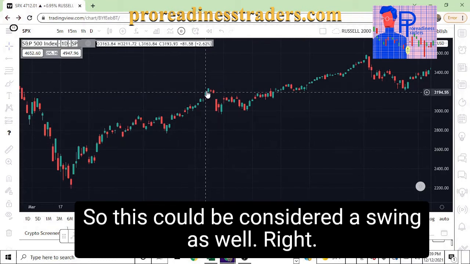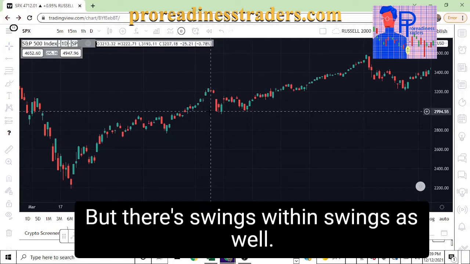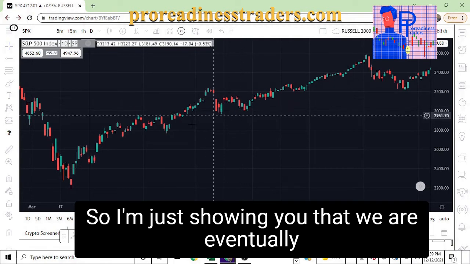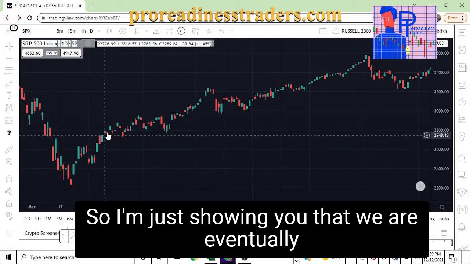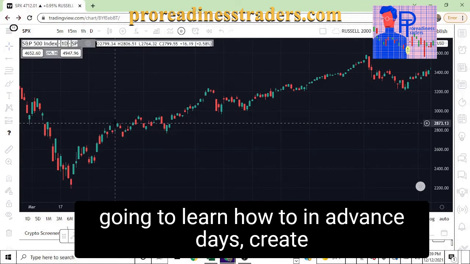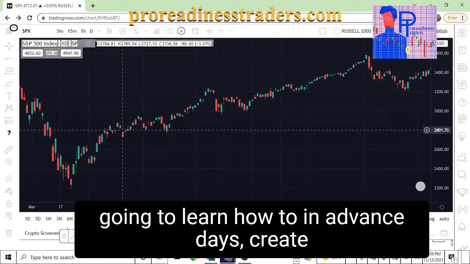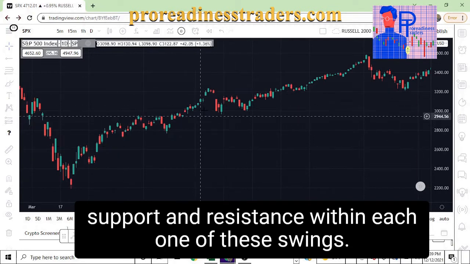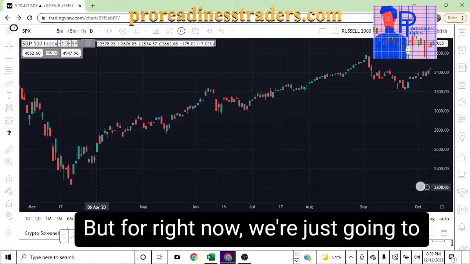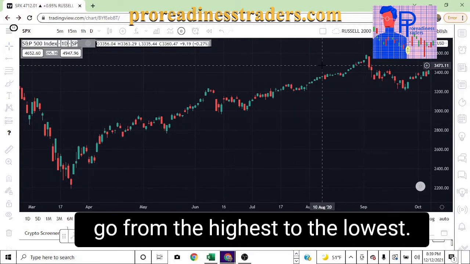So this could be considered a swing as well, but there are swings within swings. I'm showing you that eventually, in the advanced stage, we're going to learn how to create support and resistance within each one of these swings. But for right now, we're just going to go from the highest to the lowest.